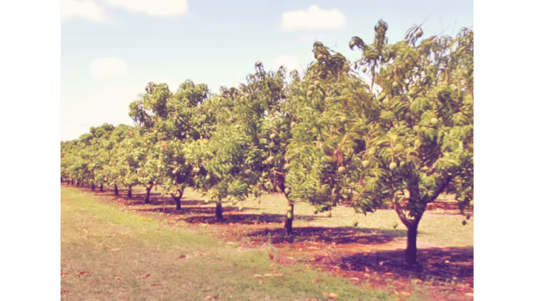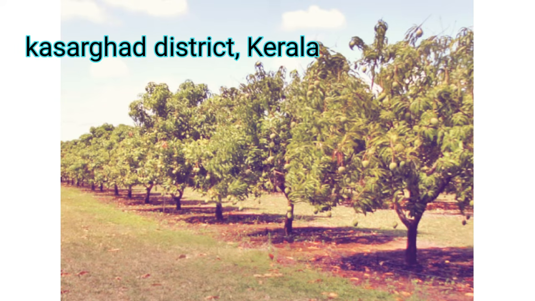This incident happened in Kasaragod district, Kerala. As a result 5,000 people died and many others suffered from cancer and different health issues because the entire environment was polluted by the pesticides.